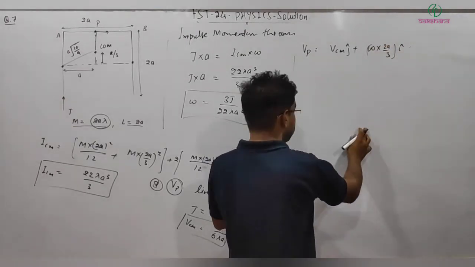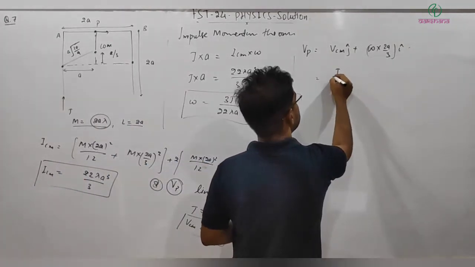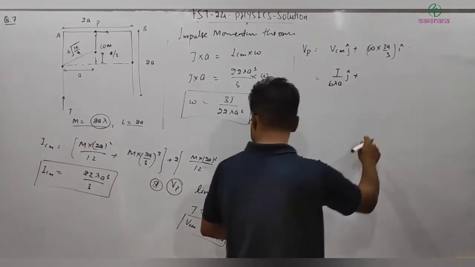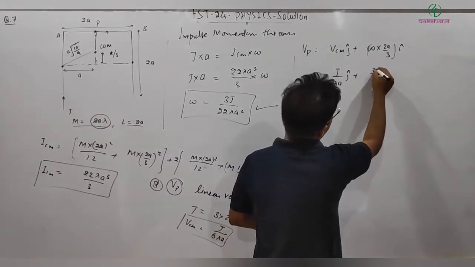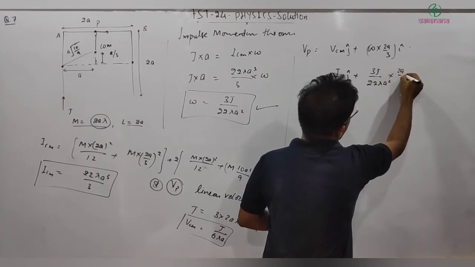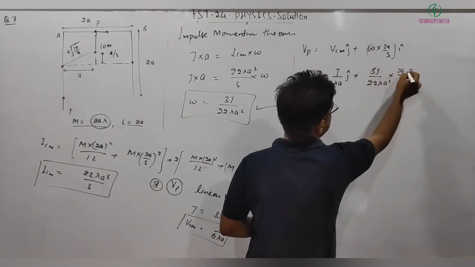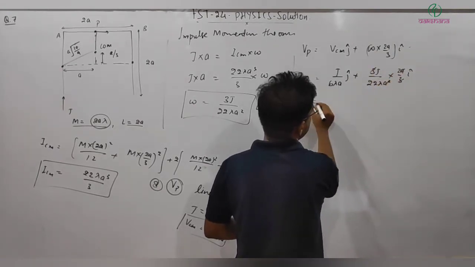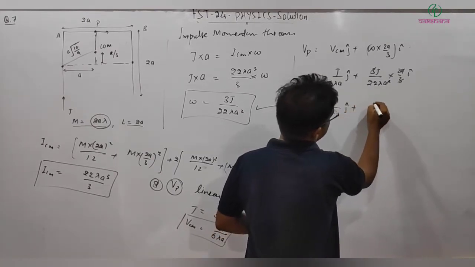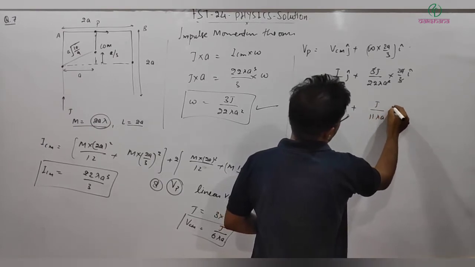Substituting omega as 3J divided by 22 lambda a², 3J gets cancelled, a gets cancelled, so it's J by 6 lambda a J cap plus J divided by 11 lambda a I cap.